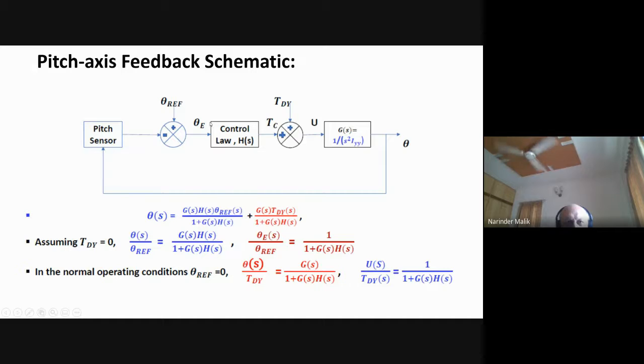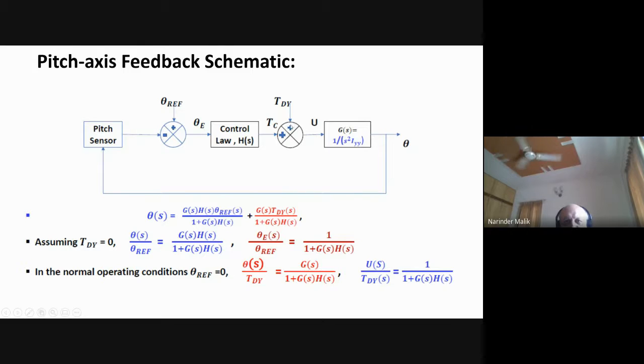Now you apply a control law. I call that control law transfer function H of s, which is nothing but the PID I showed you. H of s is nothing but Kp plus s Kd plus Ki divided by s, into theta E. So that becomes the control torque.